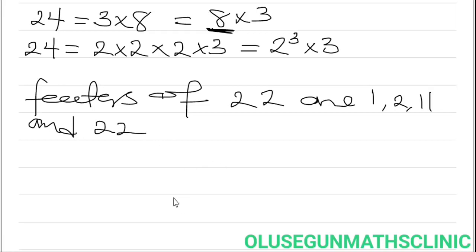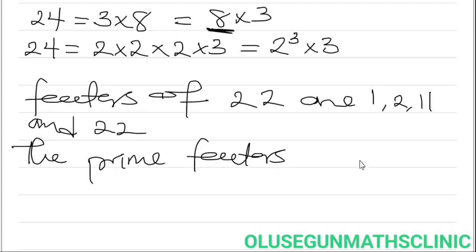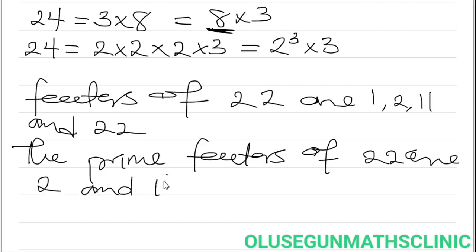Now we want to write its prime factors out. The prime factors of 22 are 2 and 11.